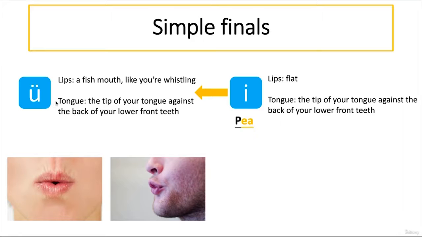The last one is ü. This one might be a little bit difficult, but let's start from i. Remember how we pronounce i? The tip of your tongue pushing the back of your lower front teeth, and your lips are flat. So we start from there. Hold every position except tighten your lips and make a fish mouth, like in the picture, kind of like you're whistling. Hold your tongue position the whole time you're pronouncing it, and don't relax it until you completely finish pronouncing the sound.